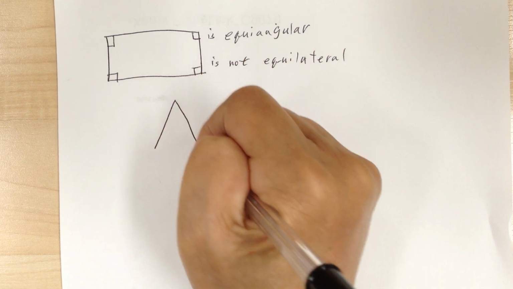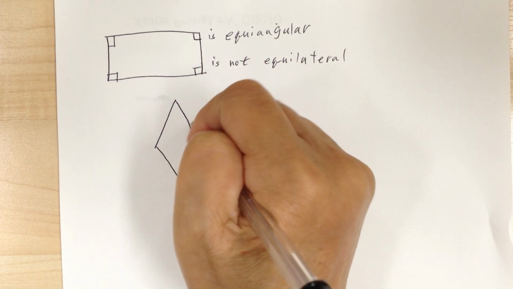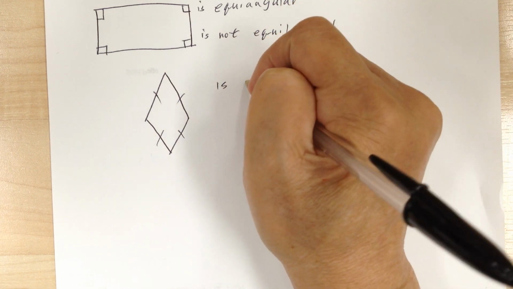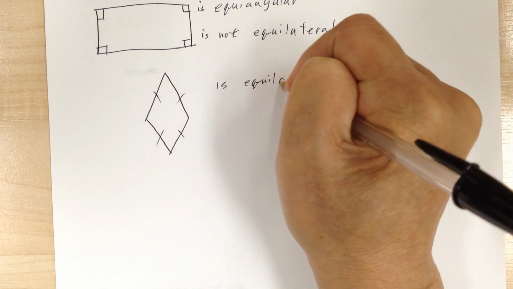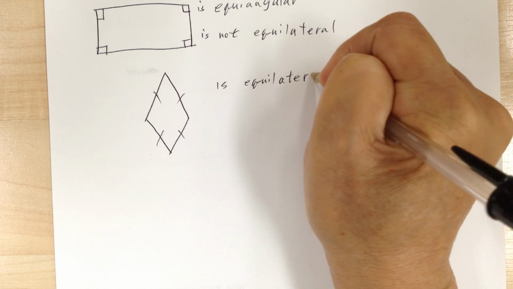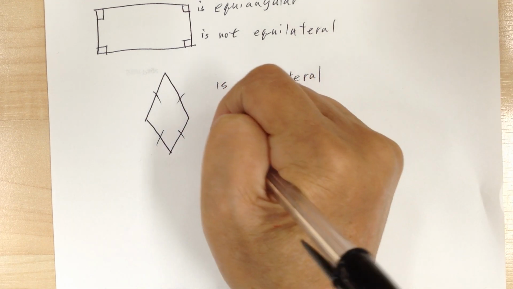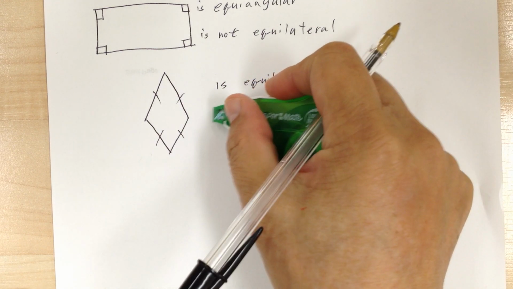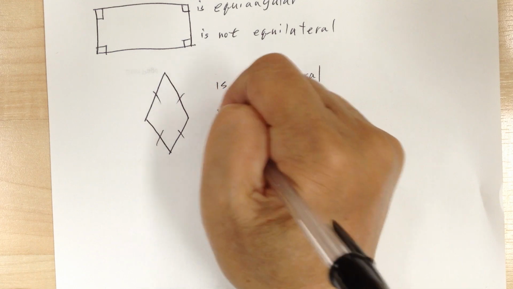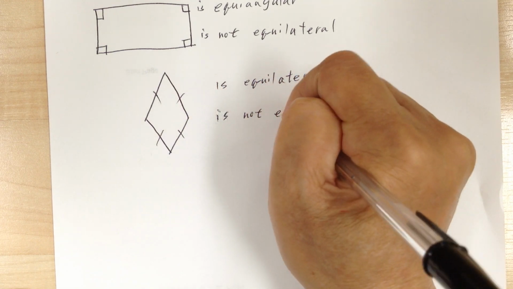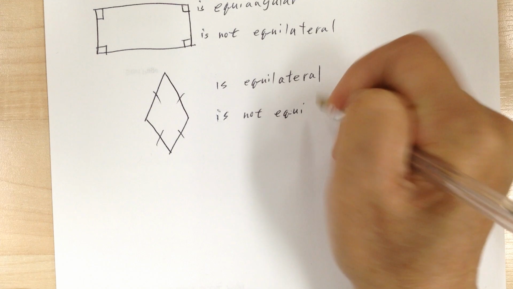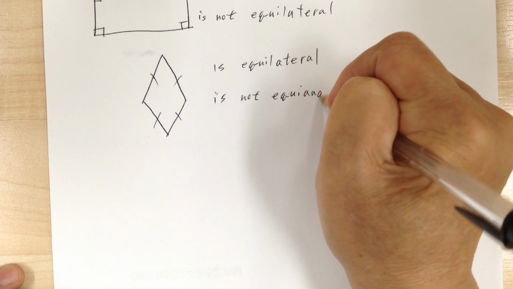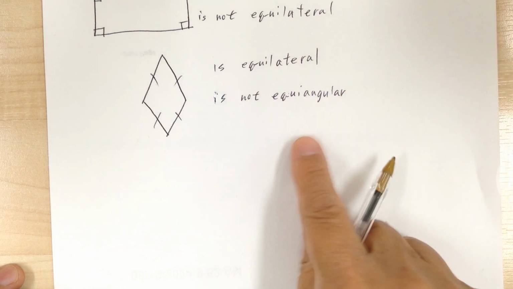If you have a rhombus, this one is equilateral, but it's not equiangular. Okay, see that?